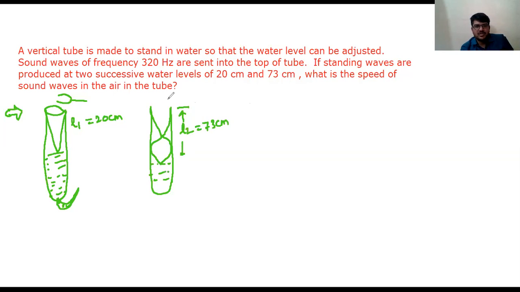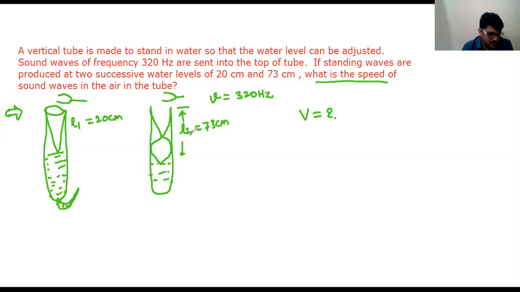And whatever this tuning fork frequency is, they have given this as a frequency of 320 hertz. And he is asking you what is the speed of sound. So we are having one formula. Yesterday we have learned.